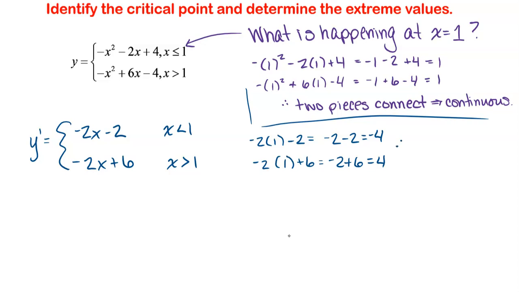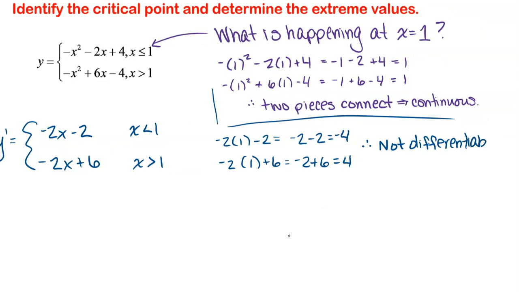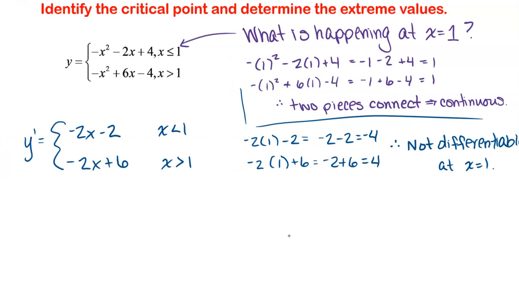So that tells me that the two pieces do not have the same derivative at the place where they connect, so it's not differentiable at x equals 1. So I'm not going to put an or equal to on there because the derivative doesn't exist at x equals 1.